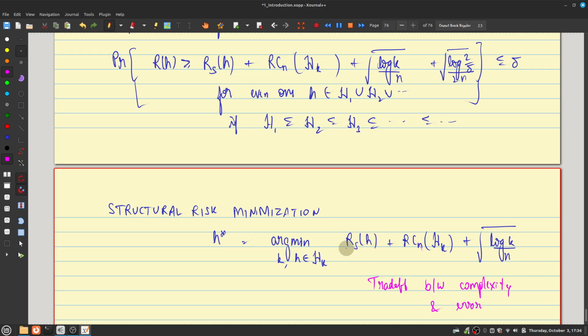And this effectively trades off complexity and error. Right? Higher complexity could potentially lead to a small empirical risk, but it could have a large generalization error. Right? And that's exactly what this statement is saying. If k is large, then empirical risk could be small, but this quantity is going to be large, and therefore the generalization error could be much larger.